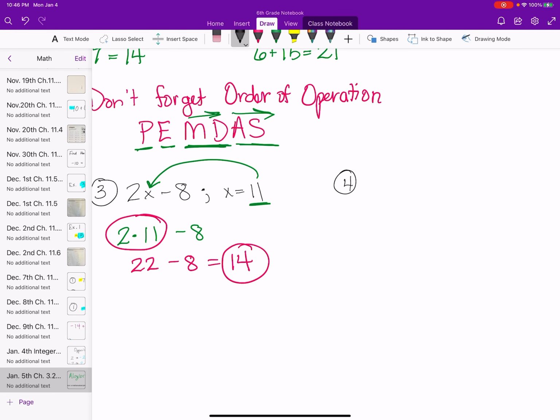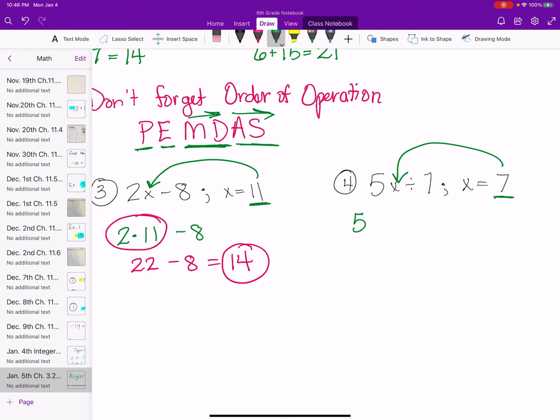Let's do one that is 5x divided by 7 when x is equal to 7. First thing we need to do is plug in 7 for our x.